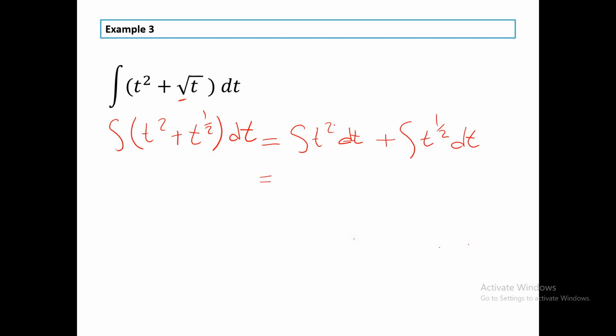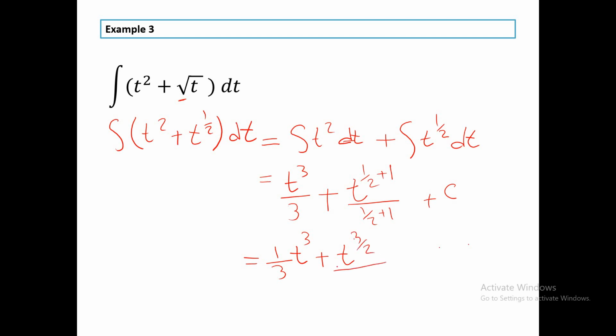The power 2, add 1, so t power 3 over 3, plus the power half, add 1, so t power half plus 1 over half plus 1, plus c constant, equals 3 over 3 means third. Third t power 3 plus t power half plus 1, it's 3 over 2, over half plus 1, 3 over 2, plus c.